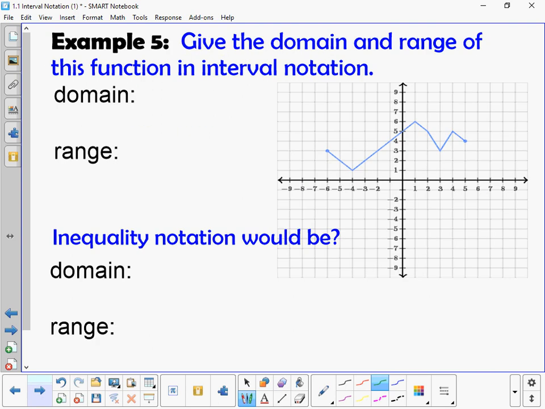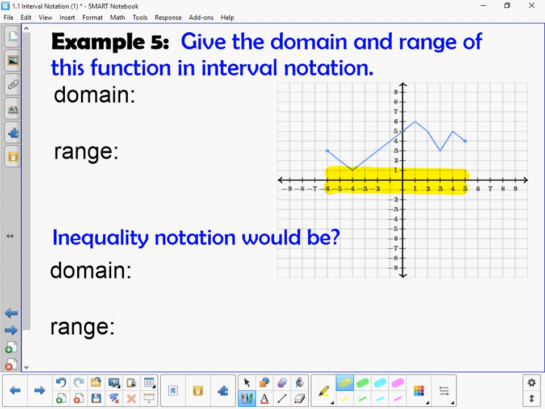So let's look at this little zigzaggy function. If we want to write the domain of this function in interval notation, domain is focusing on those x values. Don't even think about the y values for a second.